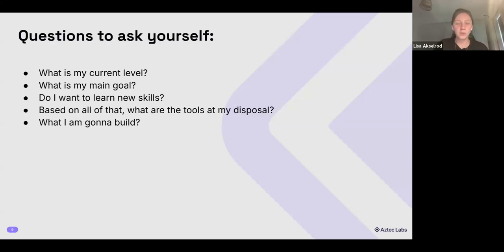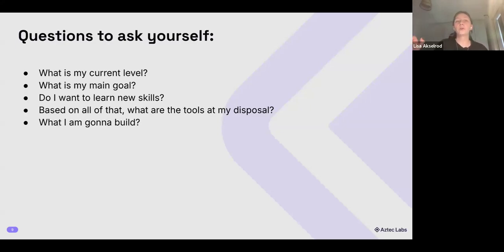So before we jump to the part discussing what to build and how to look for product market fit, let's stop on these questions. And if you're not sure what to build, ask yourself these questions and it will become way easier. So the first one, we've discussed my current level. The second one, my main goal.